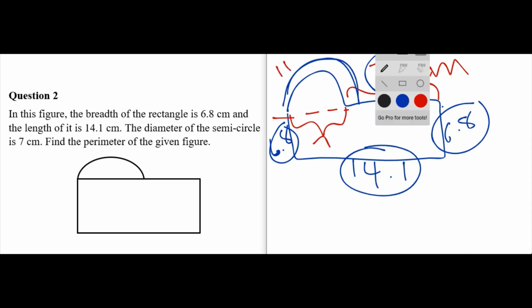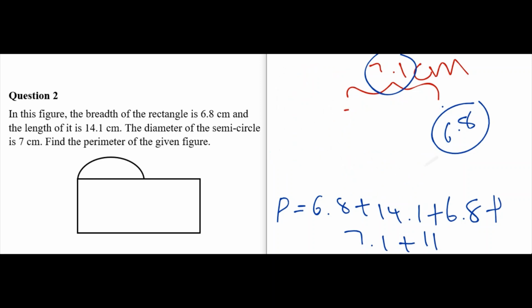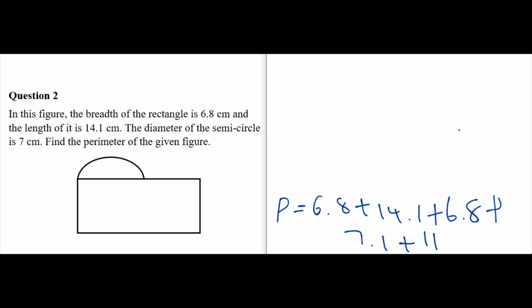Now I'm going to calculate the total perimeter of the figure. We have to add 6.8, 6.8, 14.1, 7.1 and 11. Okay, now since we have defined the equation, I'm going to erase the figure. So let's see, 6.8 plus 6.8 is 13.6.